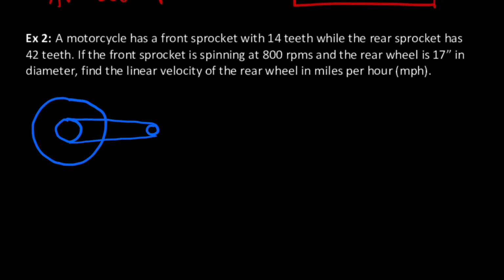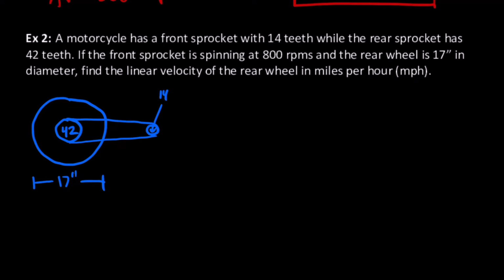All right, so let's see here. Front sprocket, 14, so that's got 14 teeth. The rear sprocket has 42 teeth. And the rear wheel is 17 inches in diameter. Now, this is a concept I didn't really talk about in the last video.